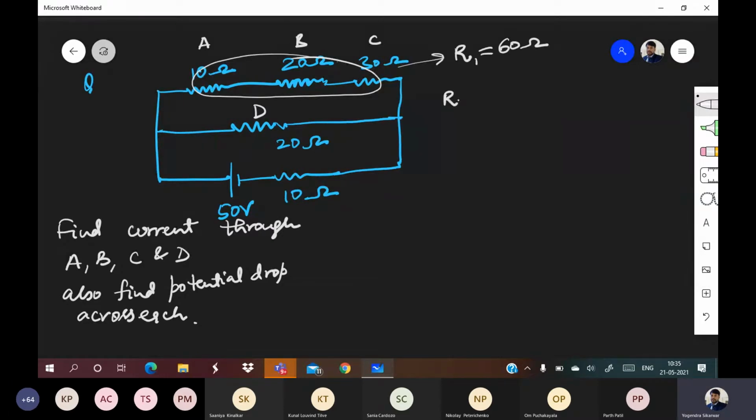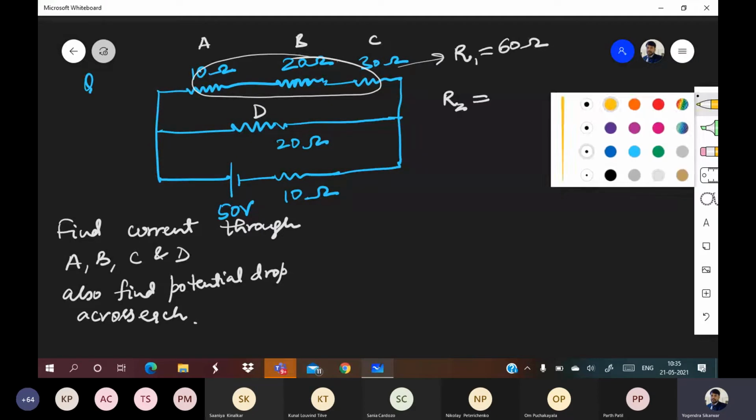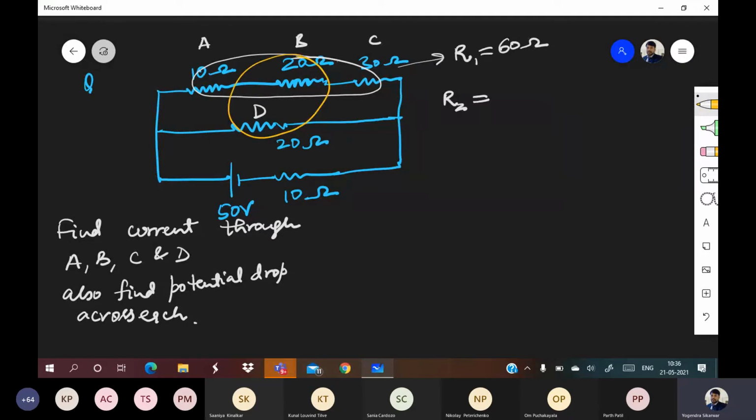So R2 means resistance of these two. Resistance of these two will be R1 R2 upon R1 plus R2, 60 into 20 upon 60 plus 20.